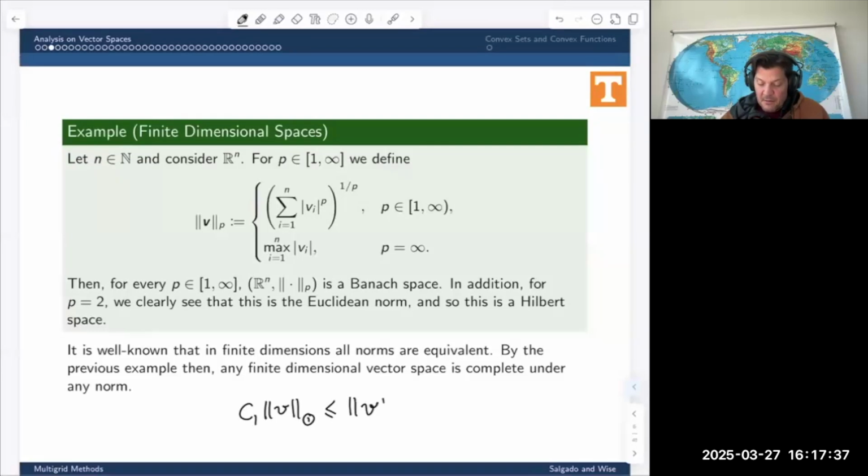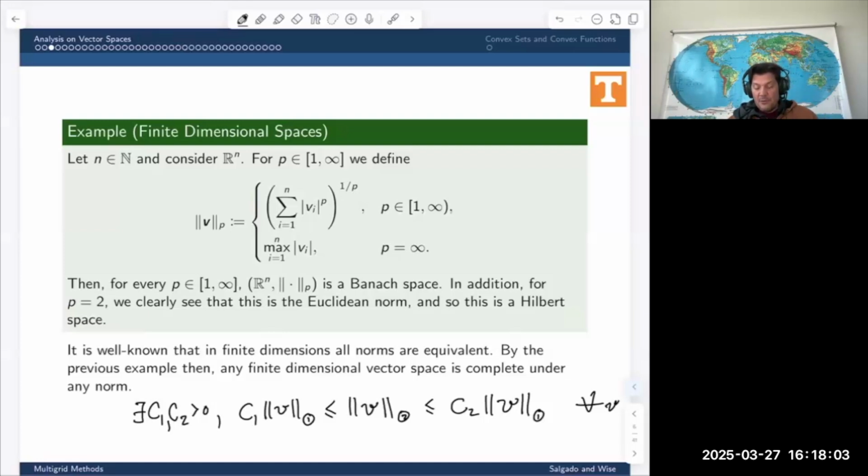Now, this doesn't mean the 1 norm or the 2 norm. These are just 2 different norms. Then there are constants that are independent of V, such that a relation like this holds. Okay, so there exist C1, C2, such that this holds for all V. So this is what we mean when we say that norms are equivalent.